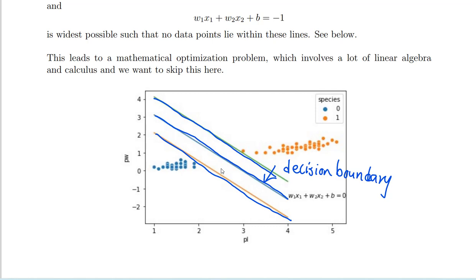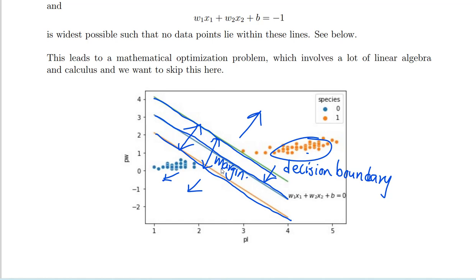Fitting the data to the model means we want this, which we call the margin, as big as possible, so that no data points are in between these two lines. All the orange data points are on this side, while the blue data points are on the other side. None of these data points is in this strip.